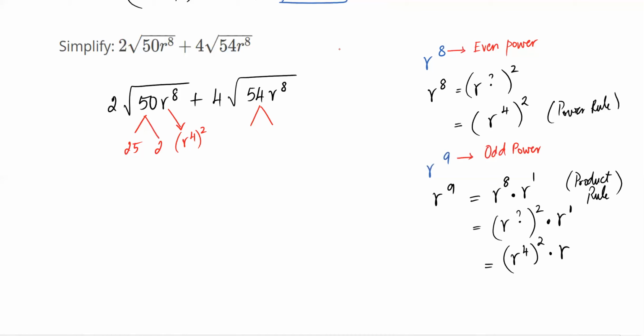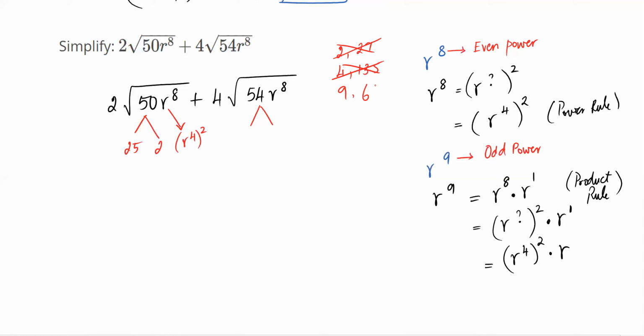So for 54, I'm doing 2 and 27. 2 doesn't work. We don't even need the 2. 4 gives you 13.5, useless. Then go for 9. 9 gives you 6, which is good. And see if you can find something higher.